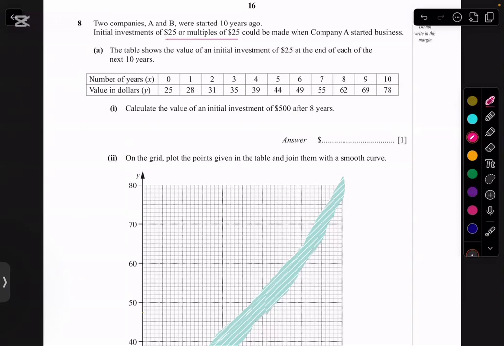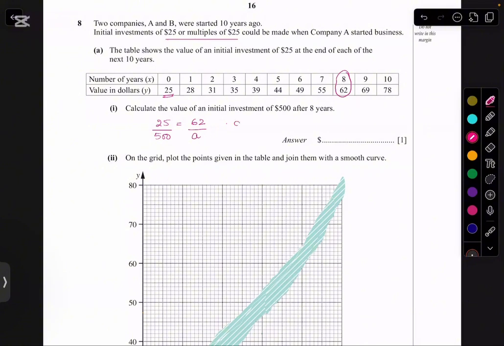To find this out, after 8 years, if I look at the $25 investment, they have started with a $25 investment here. What I know is that if the initial investment was $25, I'm getting $62 after 8 years. So by the ratio method, if I'm starting with $500, what is my investment after 8 years?